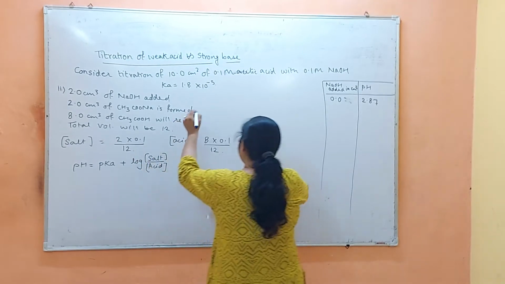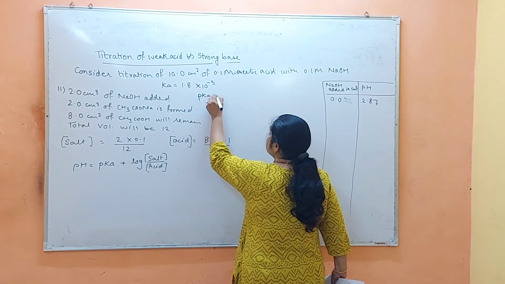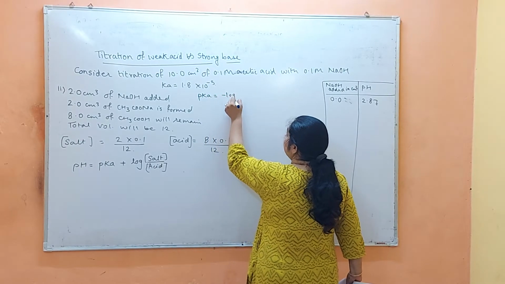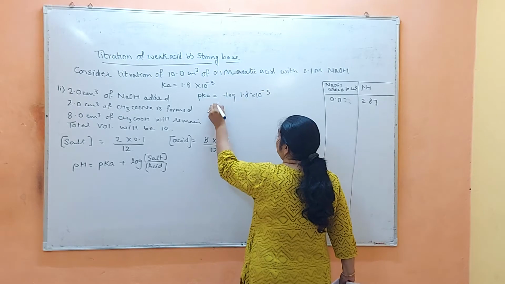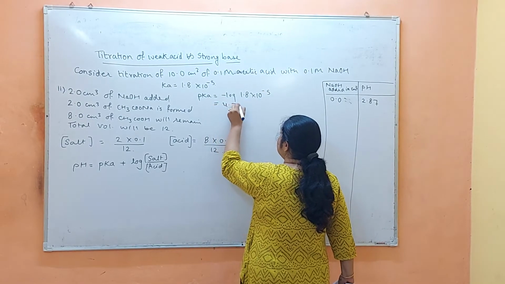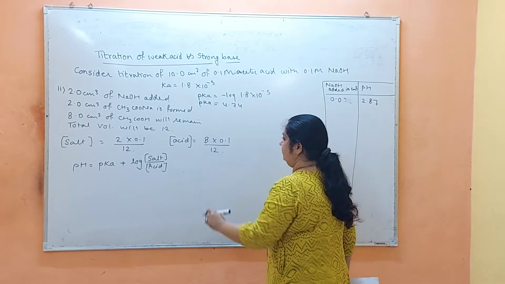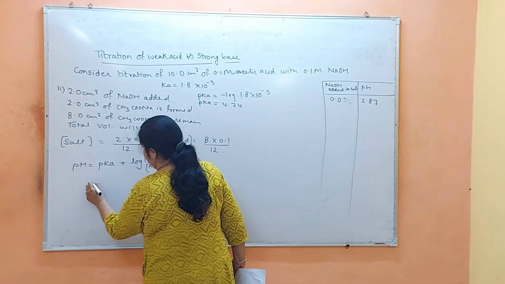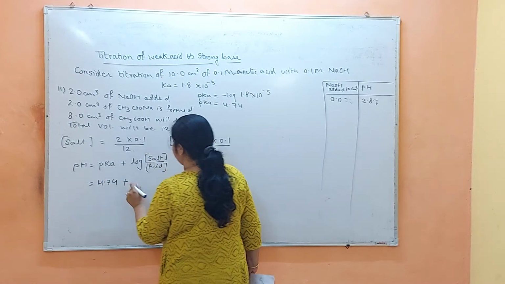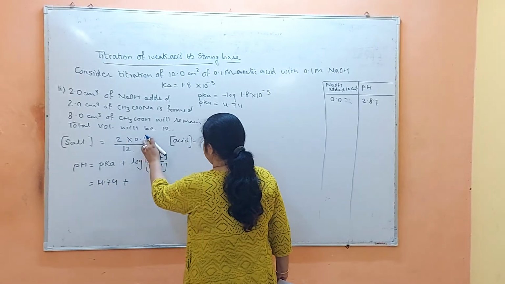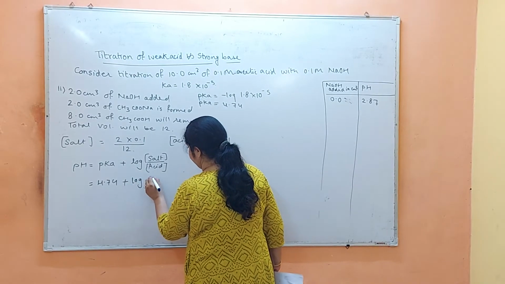Now see, Ka is equal to 1.8 into 10 raised to minus 5, so pKa is nothing but negative log of 1.8 into 10 raised to minus 5, which comes out to be 4.74. Each and every time we are going to use the same thing. So 4.74 is the value over here. Now please try to understand salt by acid. This 2 will get cancelled, so it will be log 2 by 8.